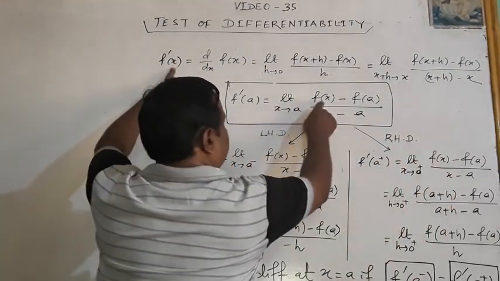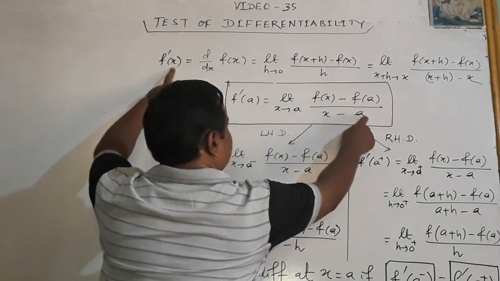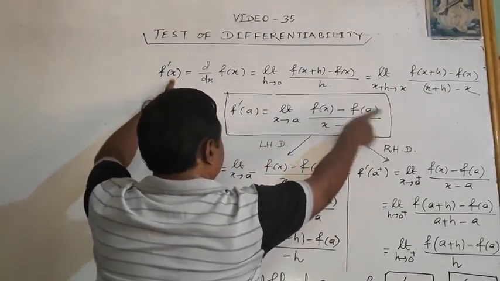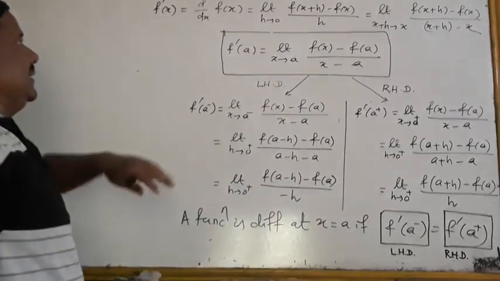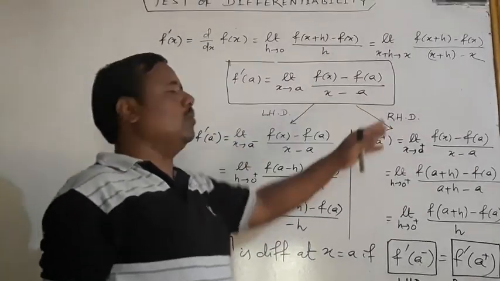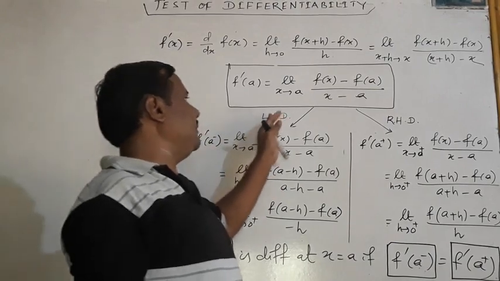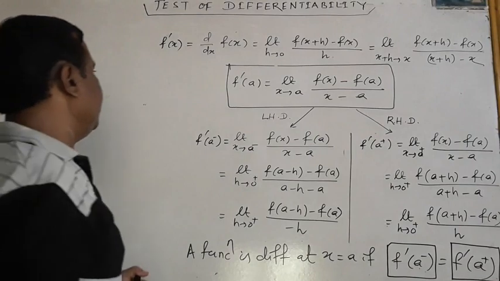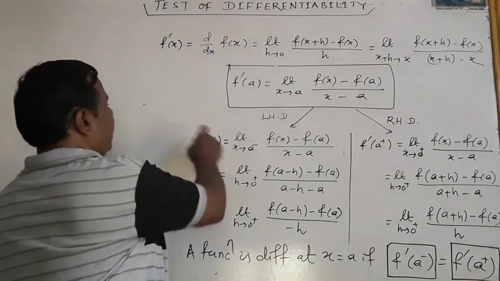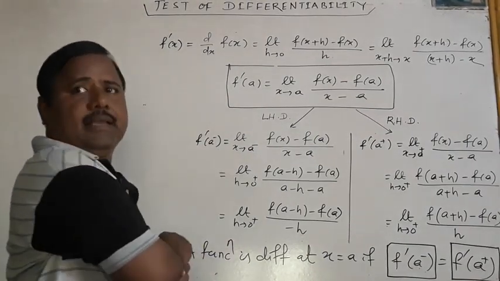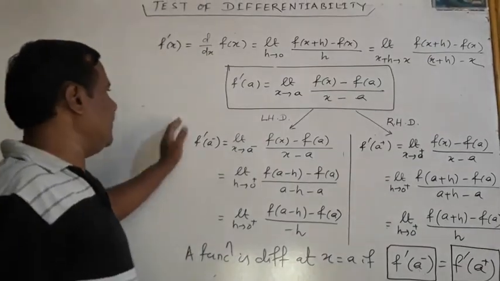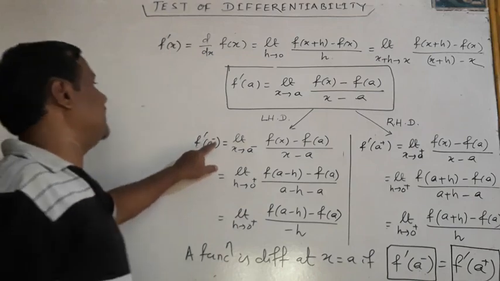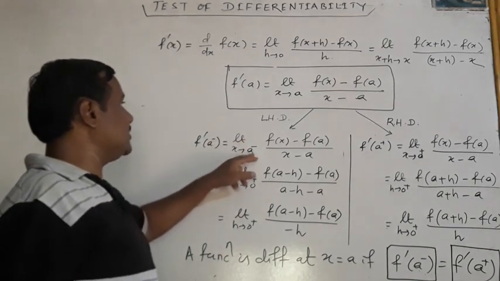Now it is f(x) minus f(a) by x minus a, limit x tends to a. In exactly the same manner, this is f dash a, and this is divided in two parts. First is left hand derivative, another is right hand derivative. Left hand derivative is written as f dash a minus.